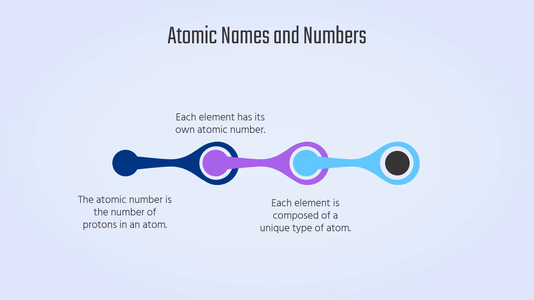It doesn't change. If you change the number of protons, you change the atom, so you change the element. So the atomic number identifies the element because only that element will have that atomic number. If you take away even one proton, you change elements. So the atomic number determines the type of atom. If you change the atomic number, you change that atom.